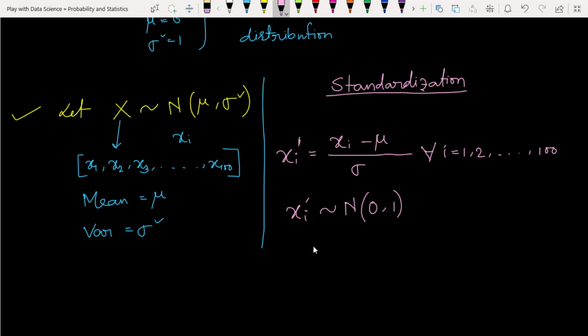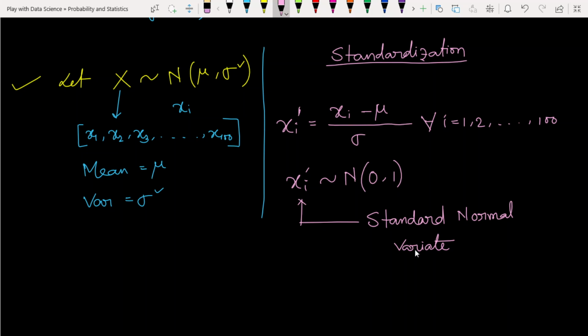Here xi dashed is a standard normal variate. These things are standard normal distributions and these are standard normal variates. Don't be confused about these two terms.